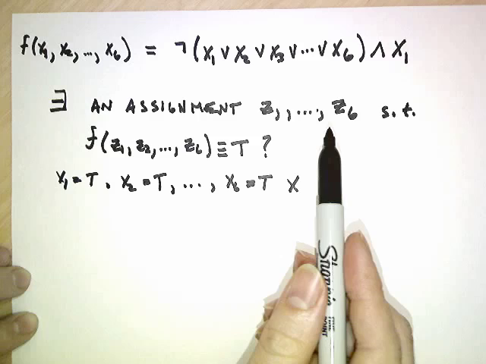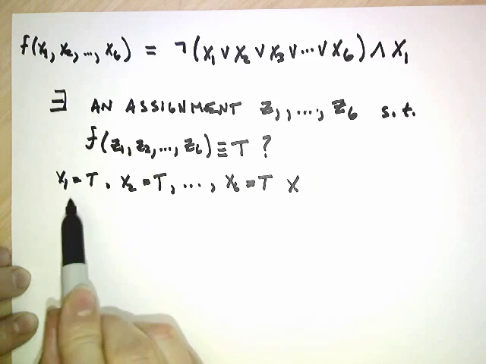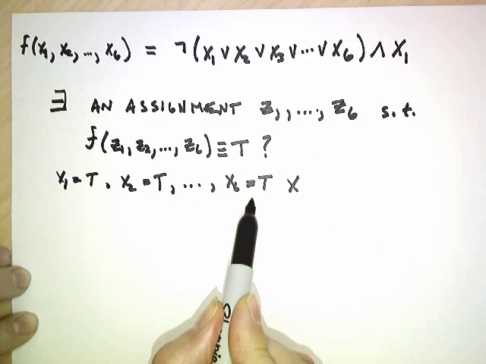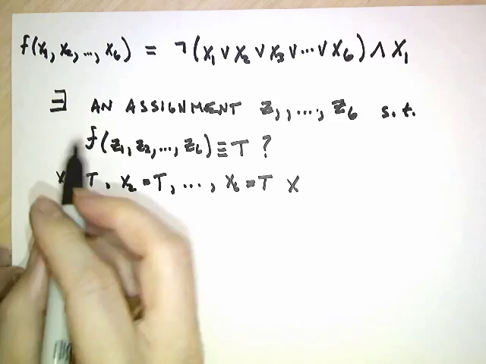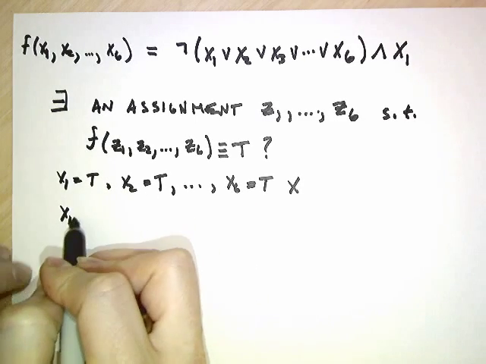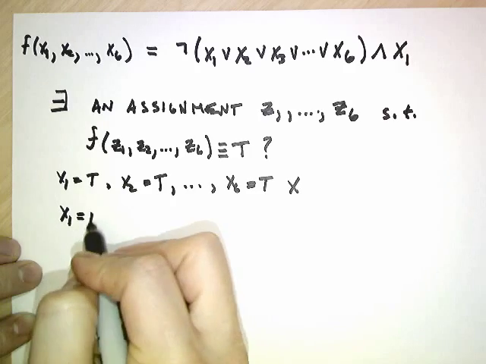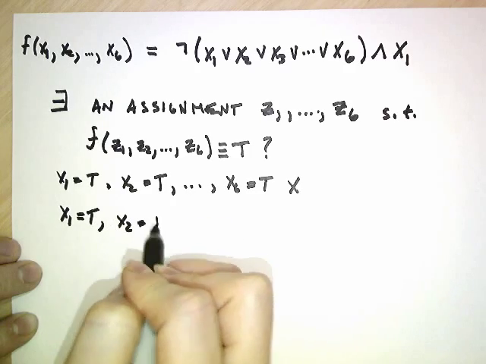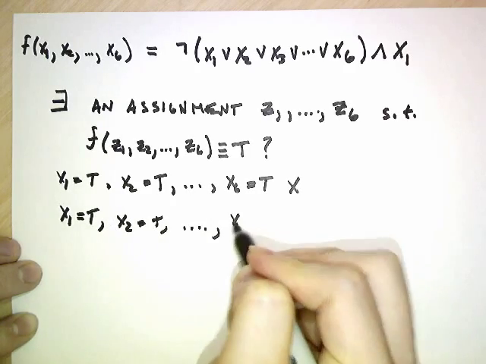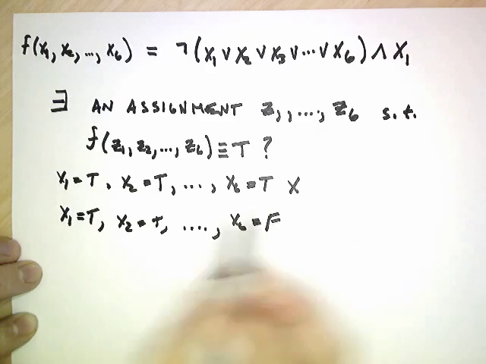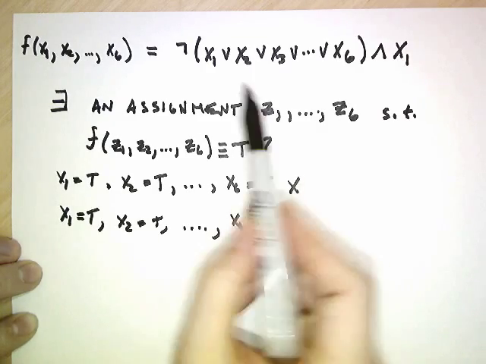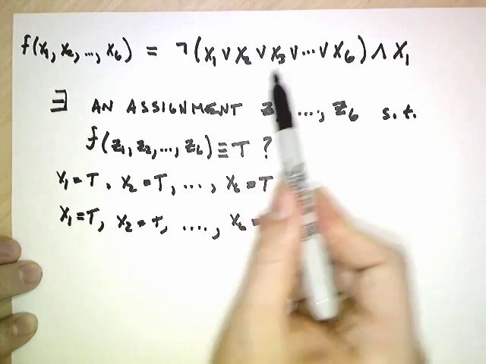Does that mean the formula is unsatisfiable? No, it just means that this assignment to the literals didn't work. What if we try x1 equals true, x2 equals true, and this time we'll let x6 be false. Okay, so it's a different assignment. Well, again, we'll have true or true or true all the way.